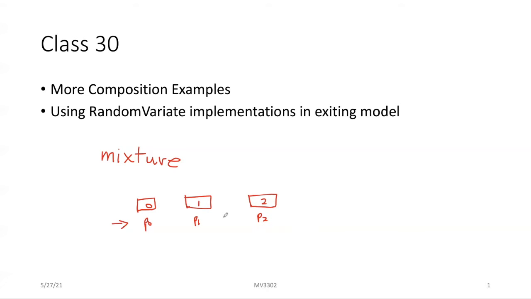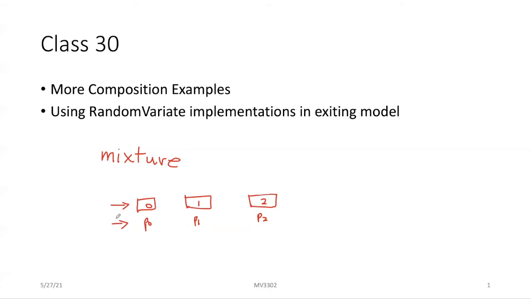So just to be clear, it's not that you flip a coin, or a three-sided coin in this case, pick a box and then always keep choosing from that box. No, each time you first choose a box at random, well, not totally at random, based on what the probabilities are. And then from the box that you've selected, you pick the next generated value.